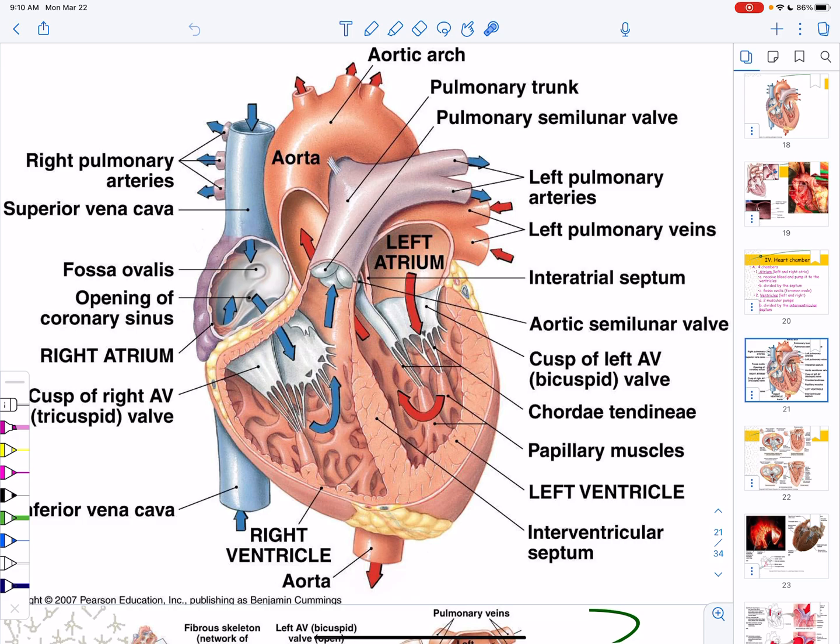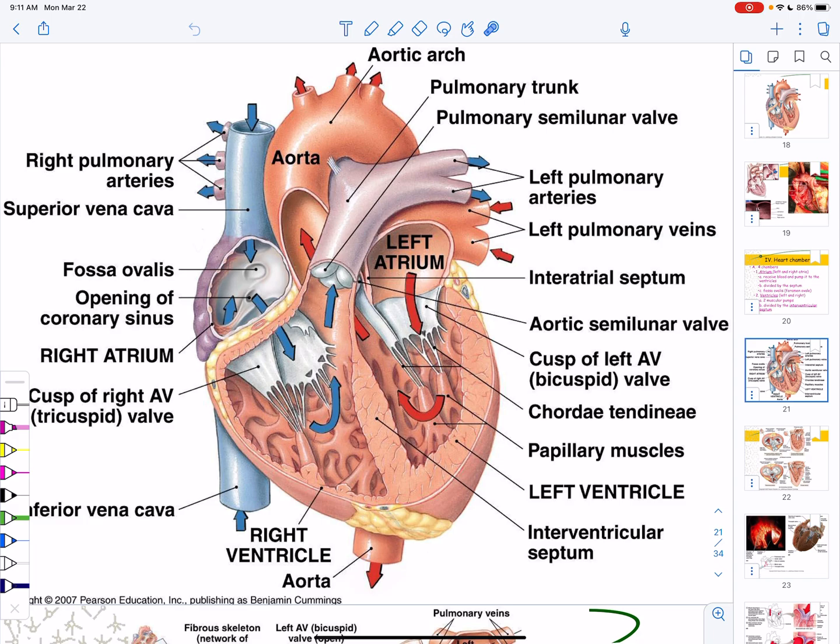Okay, as far as the atria, which you know here at the top, going from the atria, notice the arrows, the red arrow here, blue arrow here. The atria is going to send the blood into the ventricles. So what you're going to have is an atrioventricular valve.